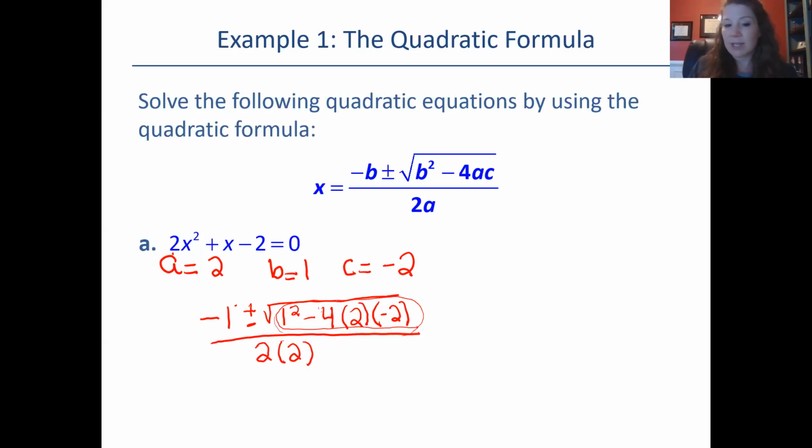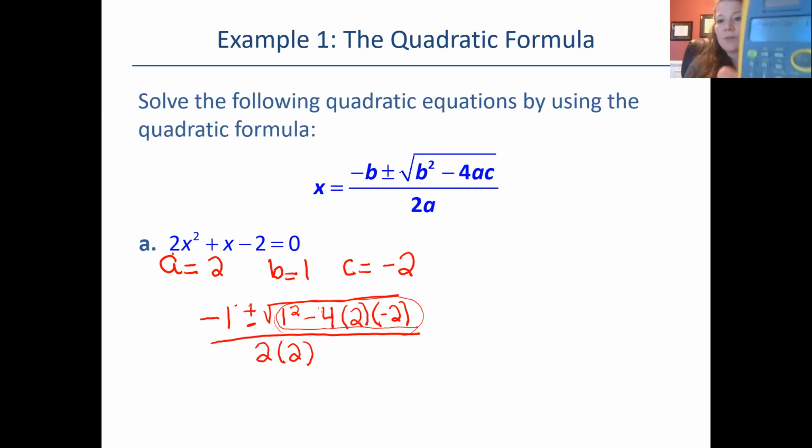So I'm going to type it in exactly like I see it: 1 squared, even though I know that's 1, I just get in the habit of typing it all in, -4 in parentheses, 2 in parentheses, -2. I'm not messing with that radical sign yet. I just want to know what b squared minus 4 times a times c is.